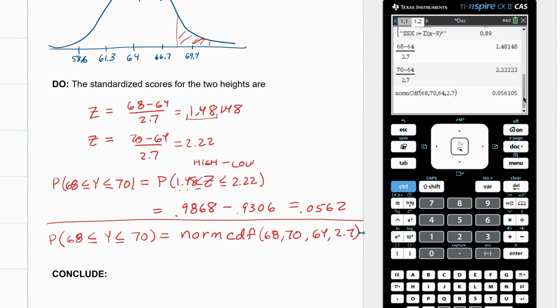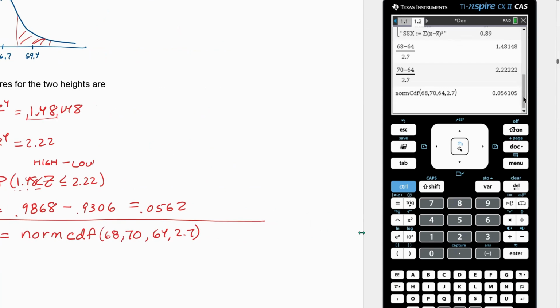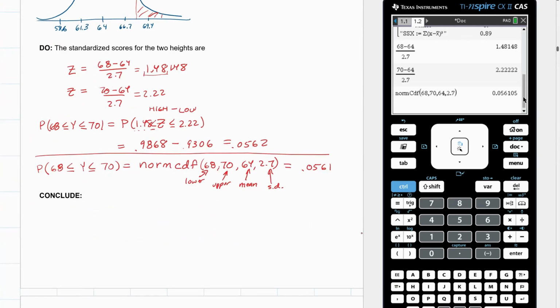And the College Board very much would like you to document what these numbers represent: lower, upper, mean, standard deviation, and the probability, 0.0561. Now, there's a slight difference between those because there's some rounding. Of the two, the one off the calculator is a little bit more accurate.